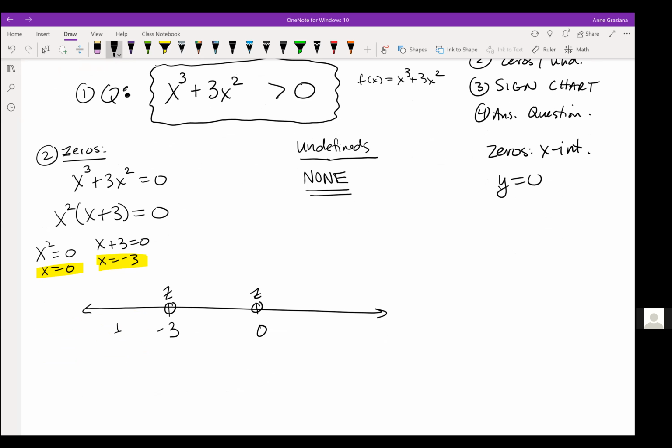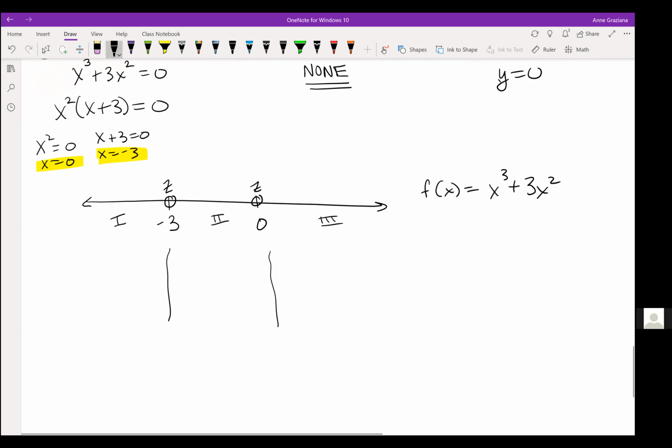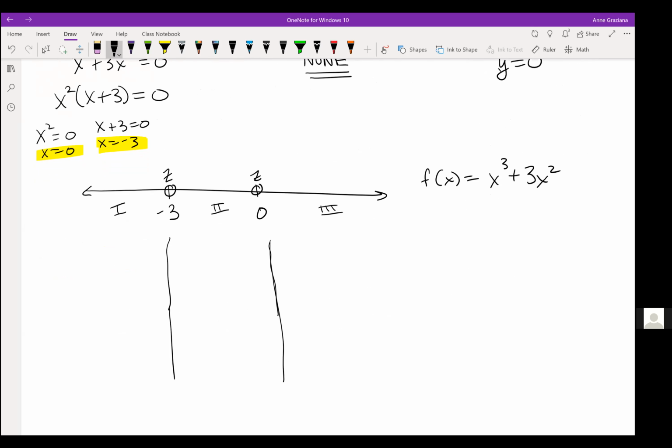So I have 3 regions. And again, use this f of x is equal to x cubed plus 3x squared. And let's plug in for each region. But I'm going to use the factored form. Okay.